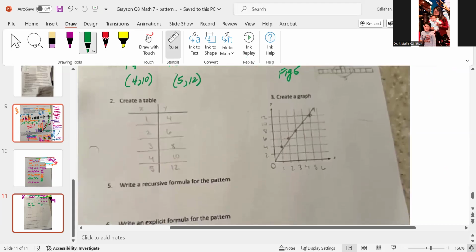Perfect. And then you went ahead. Okay, but you gotta label this. This is the x value, and the x value is figures. Right? This right here is the y value. And that is going to be the total tiles. Okay, so let's just make sure we label everything correctly.